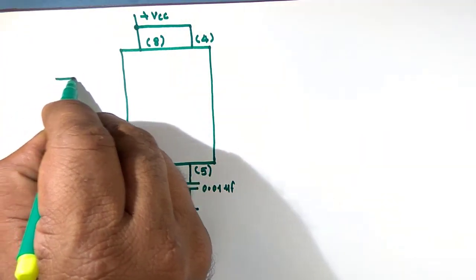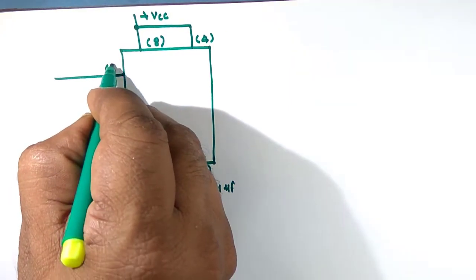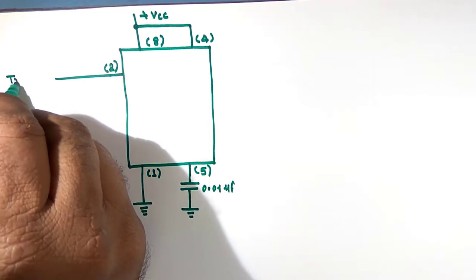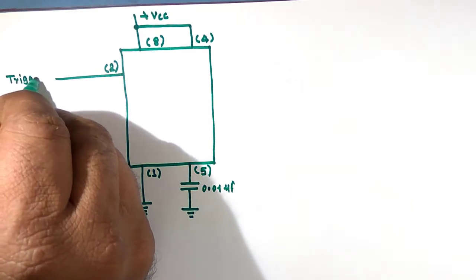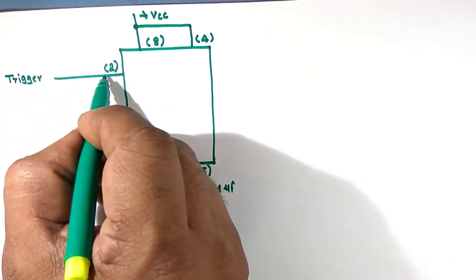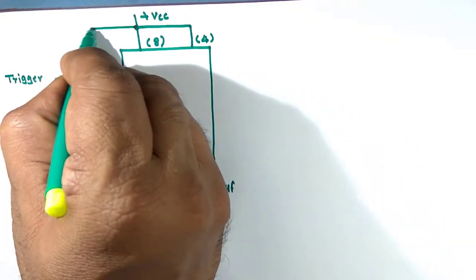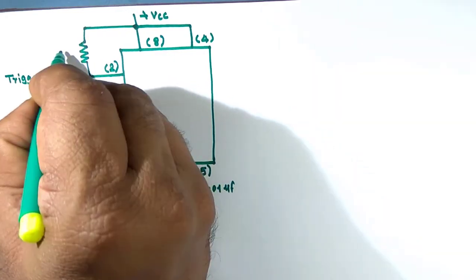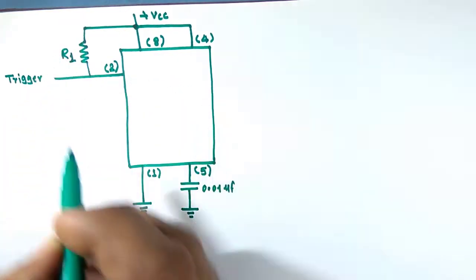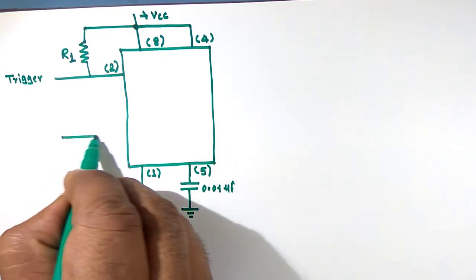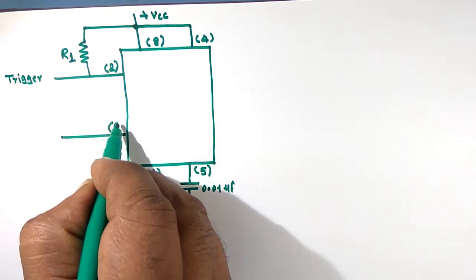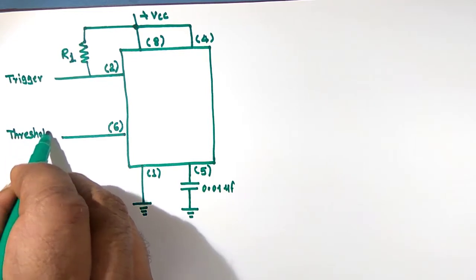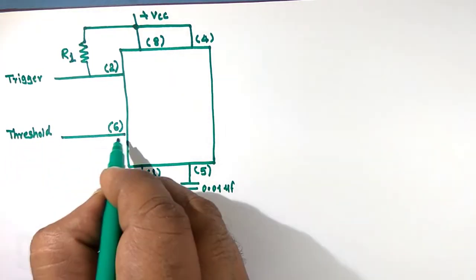There is trigger input terminal at pin number 2 of IC555. So trigger input signal is applied at pin number 2. Pin number 2 is connected to positive VCC through resistor R1, and the other input signal is applied at pin number 6, that is threshold input of IC555.